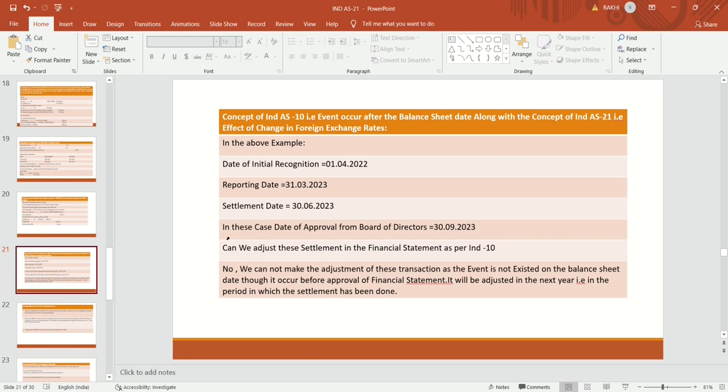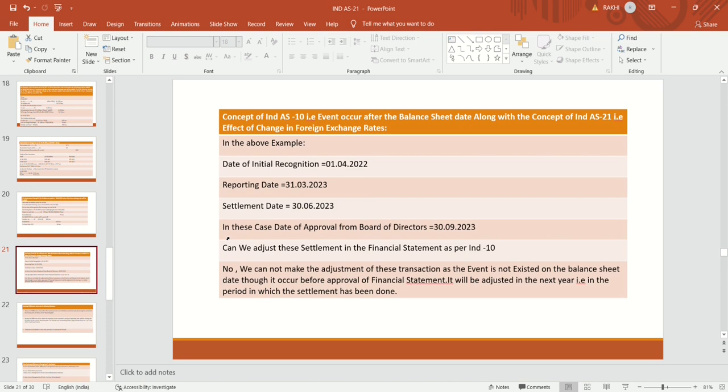Now the question is, can we adjust this settlement in the financial statements as per Ind AS 10? The settlement is done after the reporting date but before the approval of the financial statements. So can we take this adjustment into consideration at the reporting date? The answer is no. We will not make this adjustment in the financial statements, because these transactions did not exist on the reporting date.